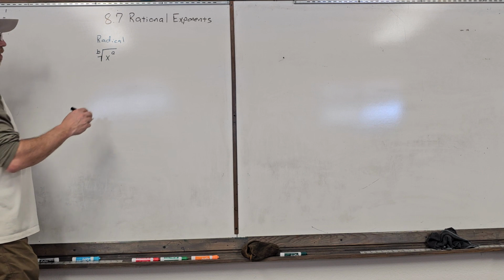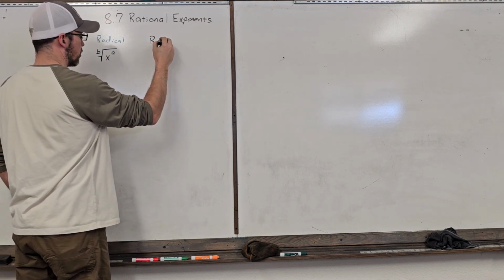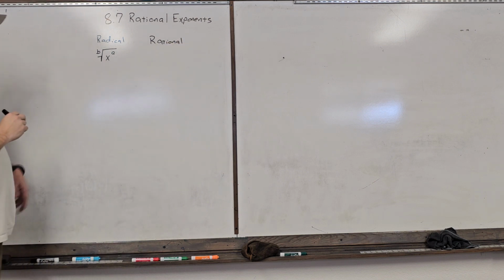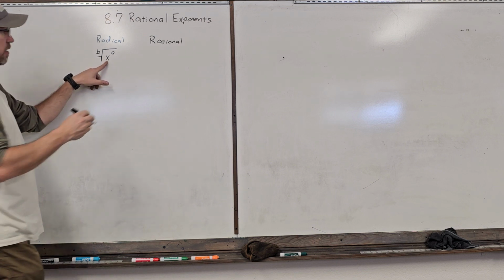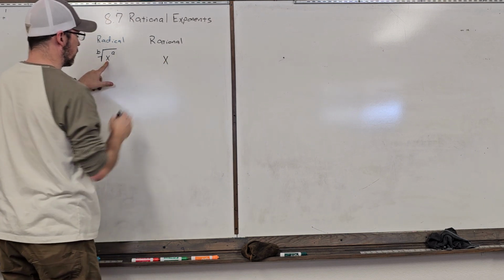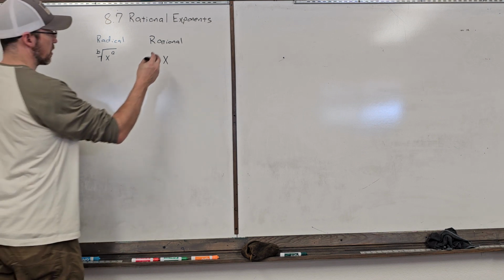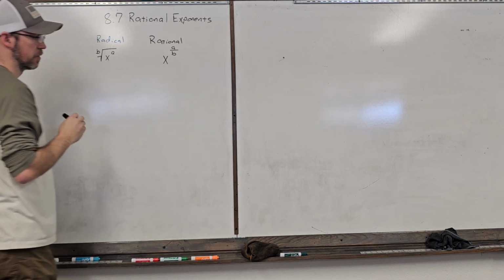If I wanted to put that in rational exponent notation, I'm going to take the base of the radicand, that's my base over here, and raise it to this exponent over this index. So it's going to be raised to the a over b.